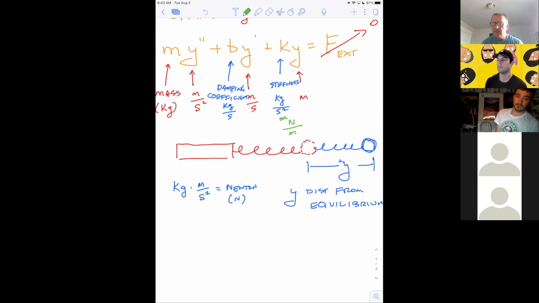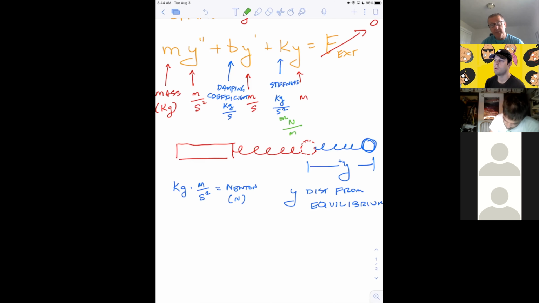Do you see that? If I replace newtons with kilogram meters per second squared, then wouldn't the meters cancel? So what you would see in a physics textbook is not that the spring stiffness is kilograms per second squared. They would say it's newtons per meter. And you might see that in your book. They'll say the spring constant is 8 newtons per meter.